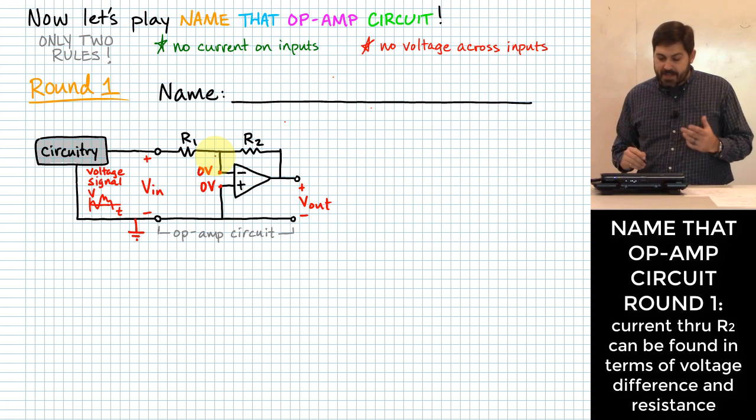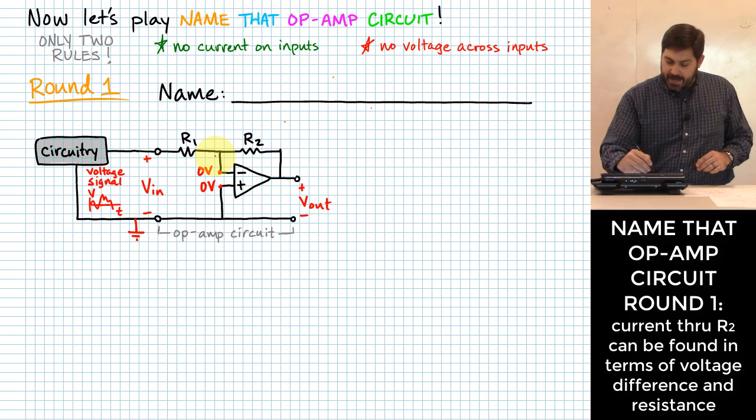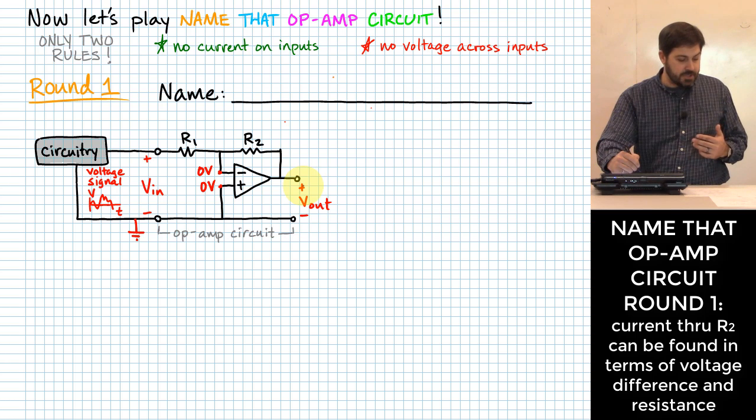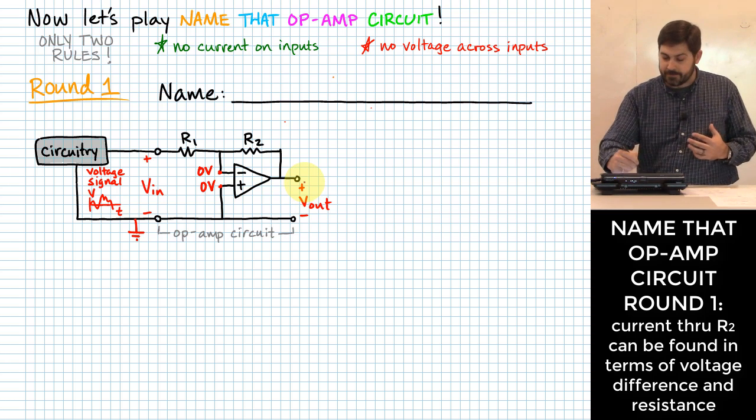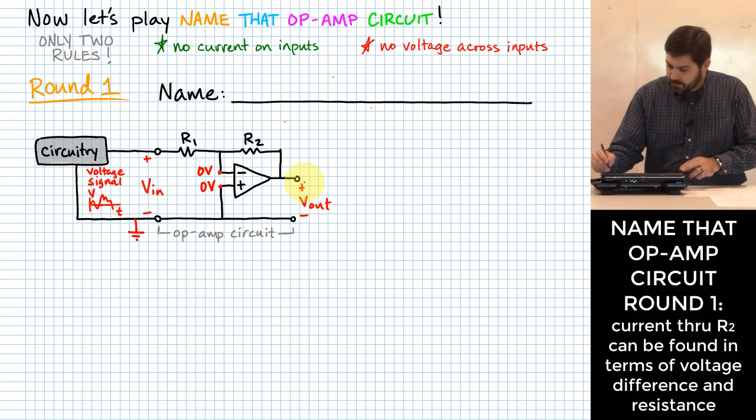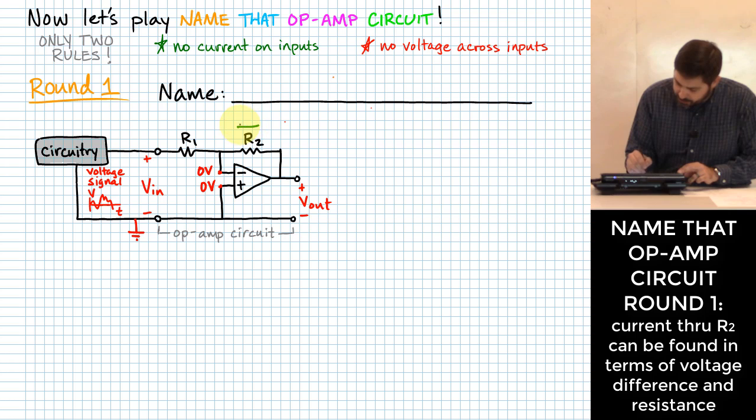Okay? So if that's at 0 volts relative to ground, and I also know that V out is at some voltage that may not be 0 relative to ground, could I determine how much current is flowing on R2? Okay, let me define it. Let's say I've got a current that's flowing right here.